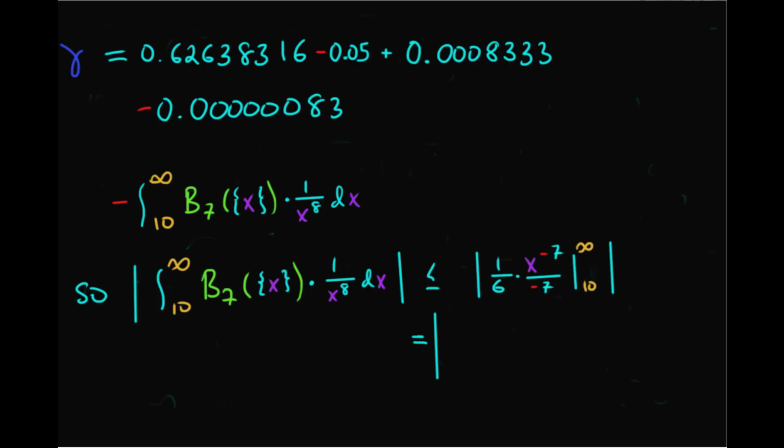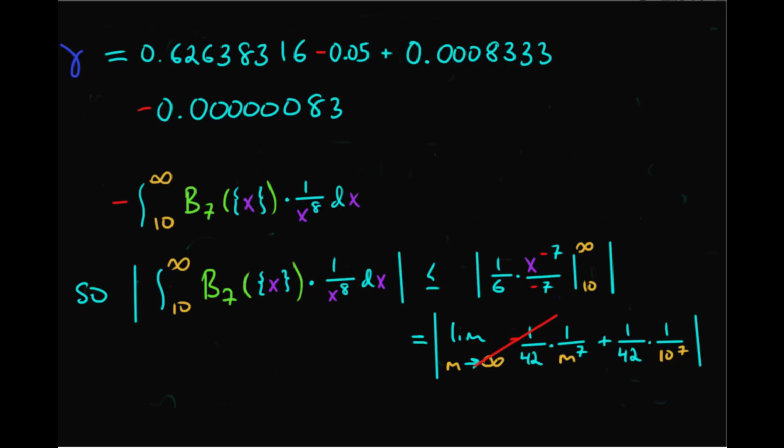So this is going to equal the limit as m approaches infinity of negative 1 over 42 times 1 over m to the 7th plus 1 over 42 times 1 over 10 to the 7th. Well, that expression, the limit as m approaches infinity of negative 1 over 42 times 1 over m to the 7th, that term just goes to 0.